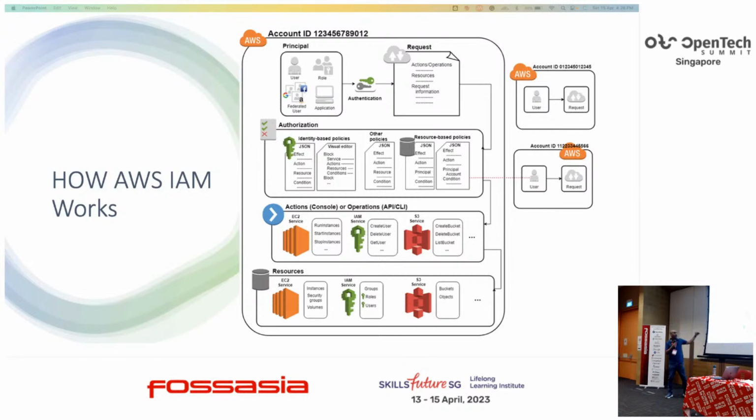So you are making an action on specific resources, and it checks whether the authorization is there based on the user. Second, when you are working in Organizations, you will have multiple accounts, and each account will be linked to the other accounts.